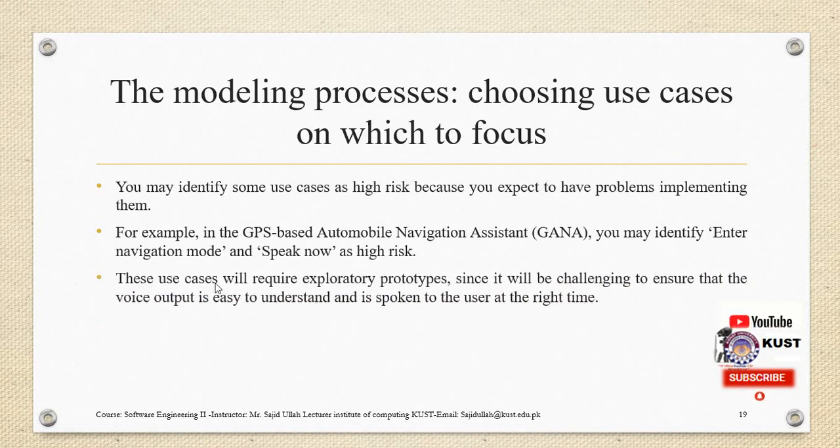There are also other reasons for focusing on particular use cases. You may identify some use cases as high risk because you expect to have problems implementing them. For example, in a GPS-based automobile navigation assistant, you may identify enter navigation mode and speak now as high risk.